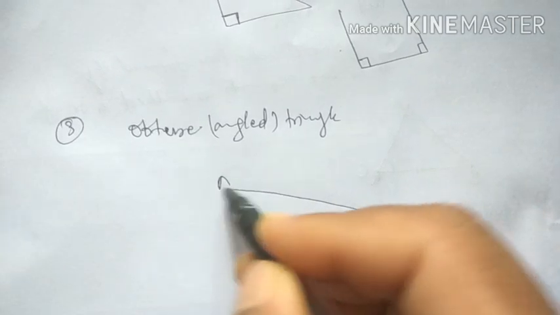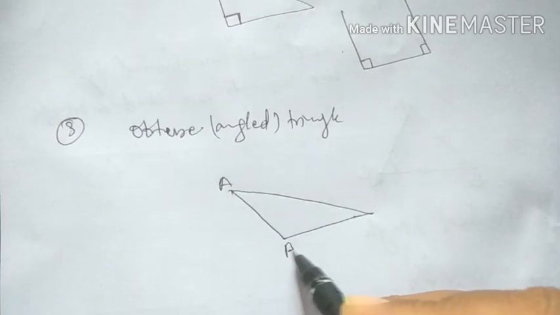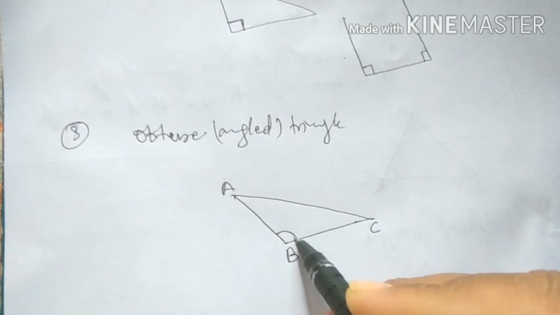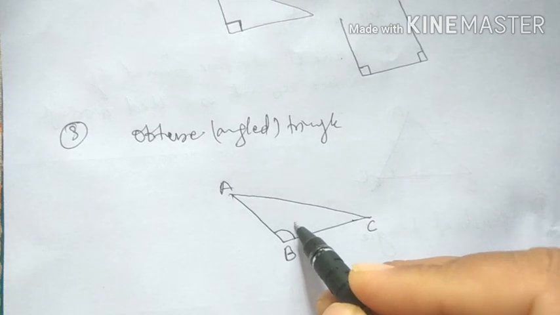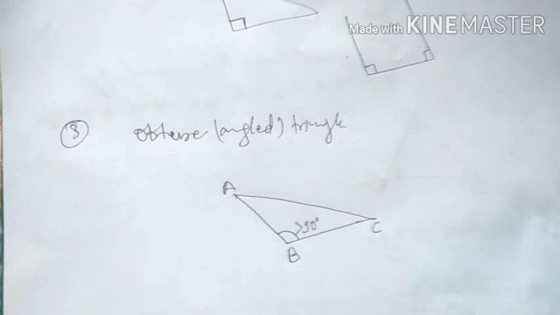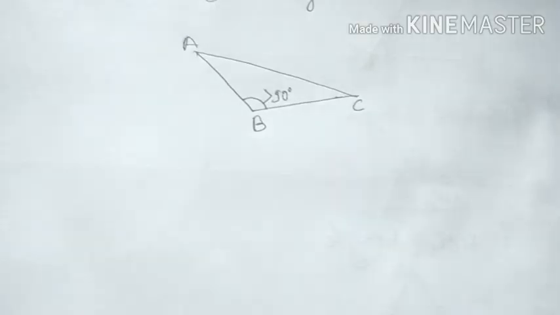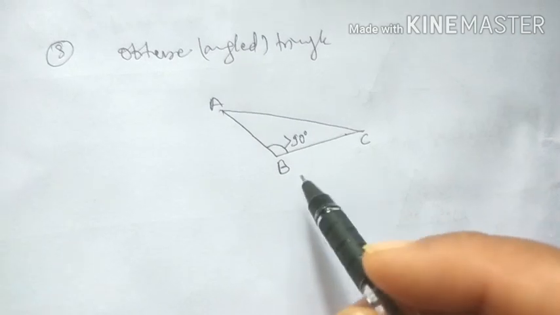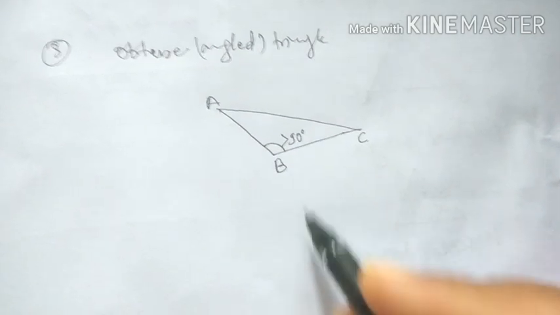And in a similar way as in a right triangle, not more than one angle will be obtuse. This angle is greater than 90 degrees and the rest two angles are acute angles. So for a triangle it is not possible that two or more than two angles will be obtuse.